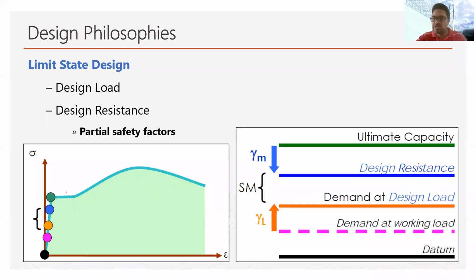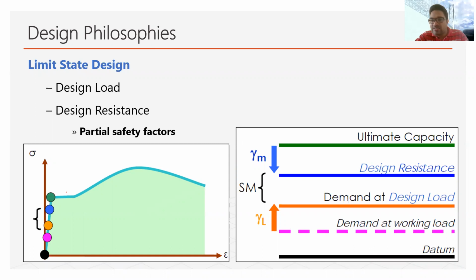Hello, welcome back. So now coming to this new method which we use nowadays, which is called limit state method or limit state design method, and which represents a definite advancement over the traditional design philosophy.